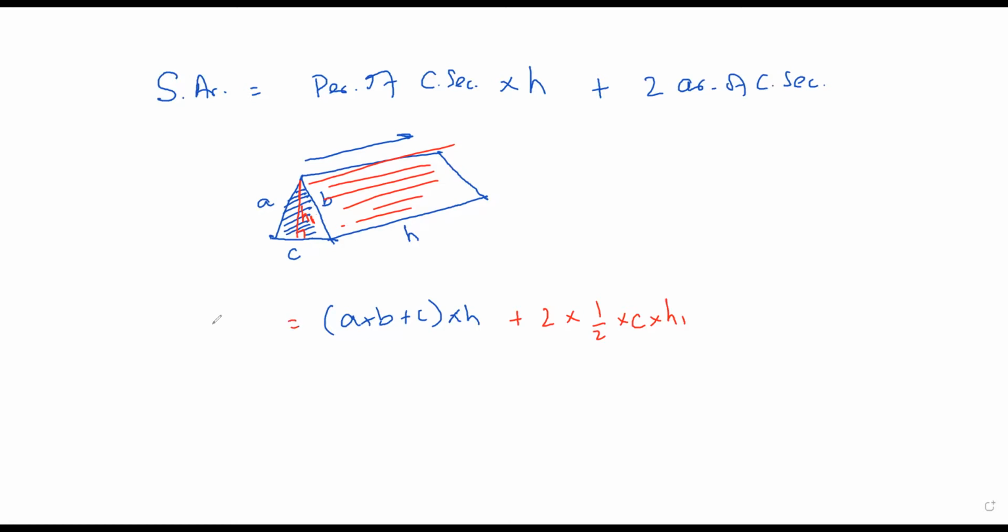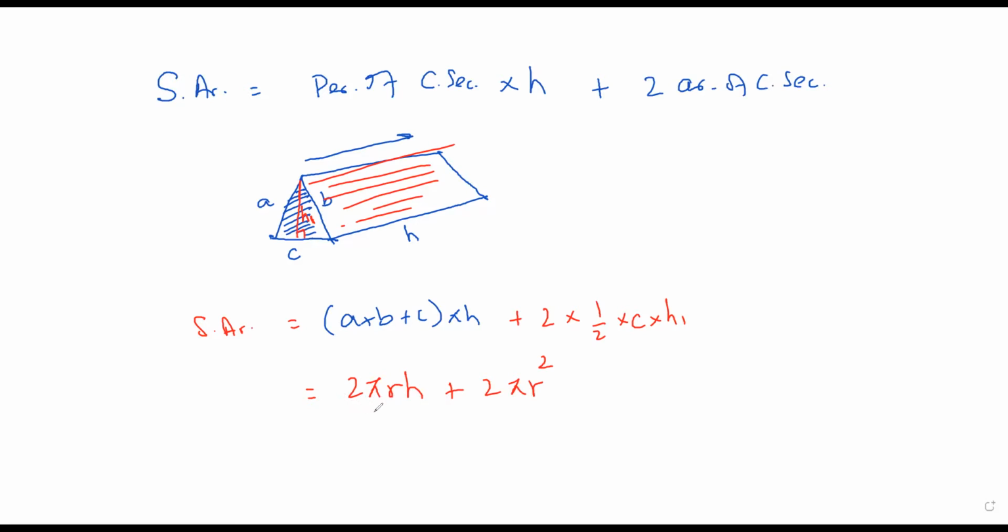You must remember the formula for the surface area of a cylinder by heart. The surface area of the cylinder is 2 pi r h plus 2 pi r square. You can now realize why we have the formula for the surface area of a prism like this.